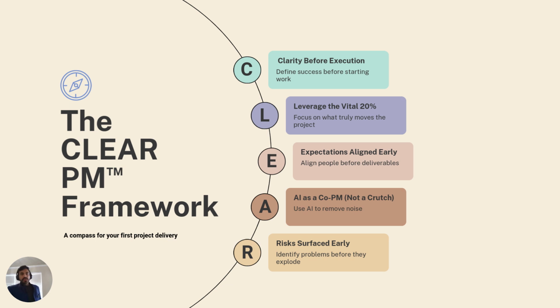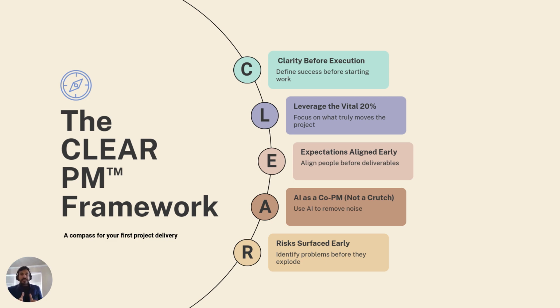So the CLEAR PM framework has 5 characters. C for clarity. L for leverage, like 20%. Do not focus on 100% at any point of time; focus on what the 20% is, what the key things are. E for expectations. You should align the team on what my expectation is from day one to the last day.